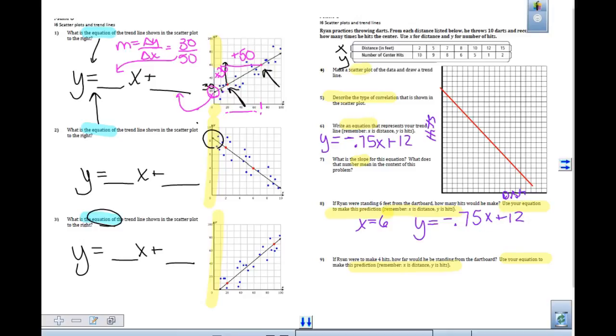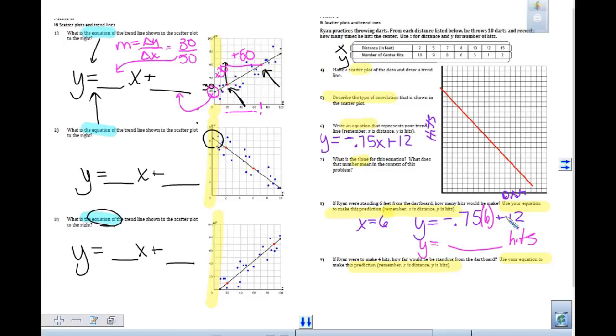What that means for me is I should see that instead of this x right here, she should put in 6, right? So on her calculator, she's going to tell me what y equals. She's going to multiply this and say that's how many hits they get. Because I can see they used their equation, not just that you looked up at the graph, right?